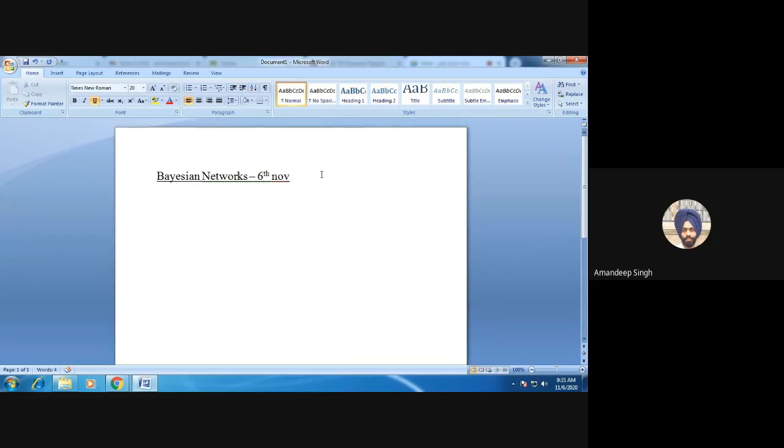So we were discussing Bayesian networks in the previous class, and we'll be continuing from that. In the previous class, we discussed the nodes that make up the Bayesian network.